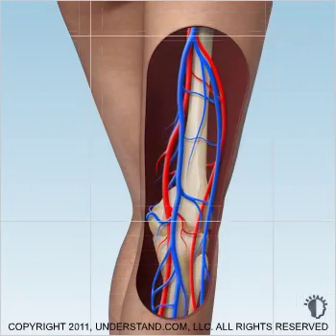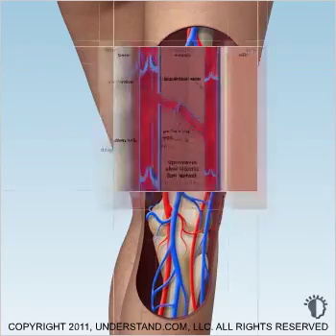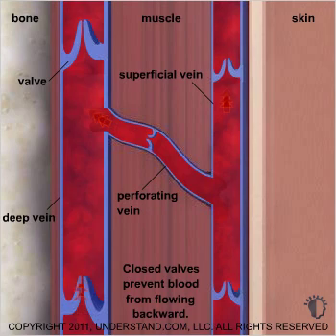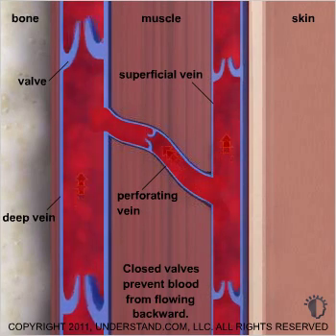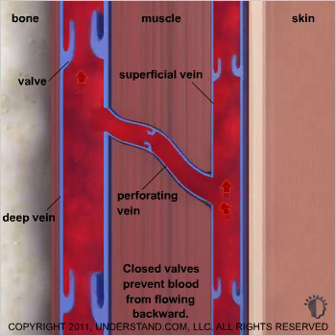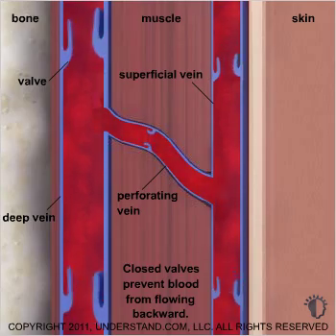Blood typically flows from superficial veins into deep veins, which are often connected by perforating veins. Normally functioning veins have unidirectional valves, which prevent blood from flowing backwards in the vein as it travels upwards toward the heart and lungs.